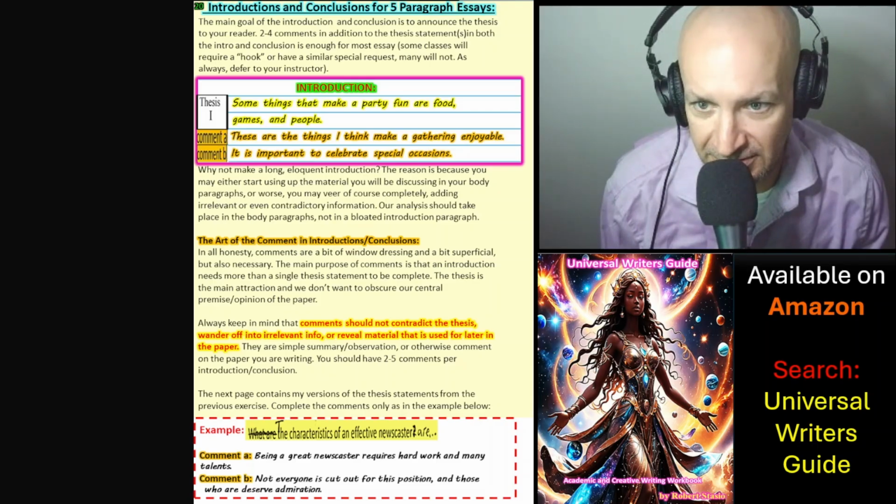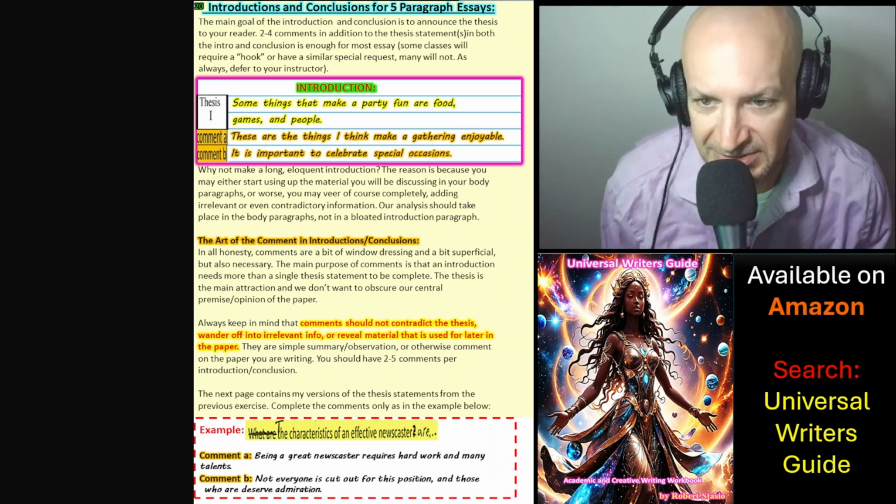Comments are a bit of window dressing and superficial, but also necessary. The main purpose of comments is that an intro needs more than a single thesis to be complete. The thesis is the main attraction. We don't want to obscure our central premise or opinion of the paper.